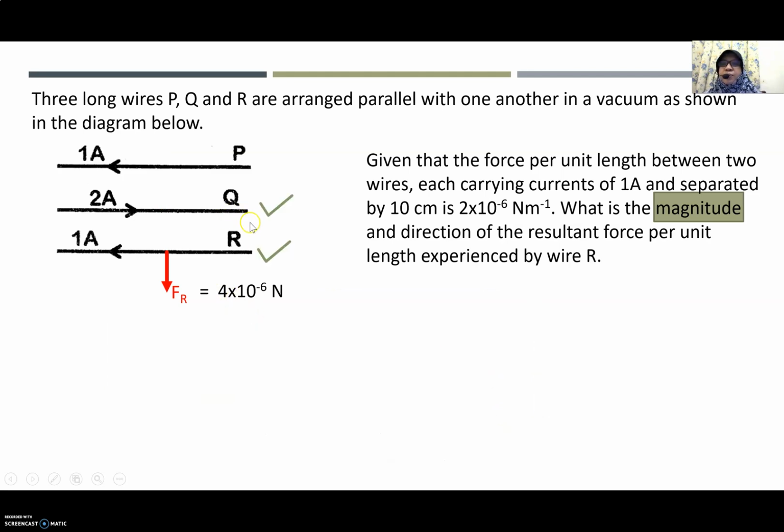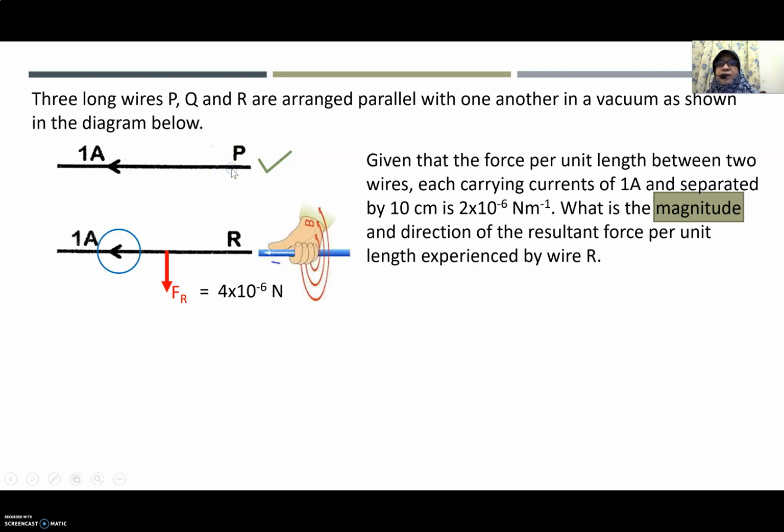Okay, next we are going to determine the force between wire P and R. R also will experience the magnetic field B by wire P. We do for P first, same as before, using grip rule to determine the direction of magnetic field B experienced by wire P. Draw the circle, and tangent to the circle is into the screen.